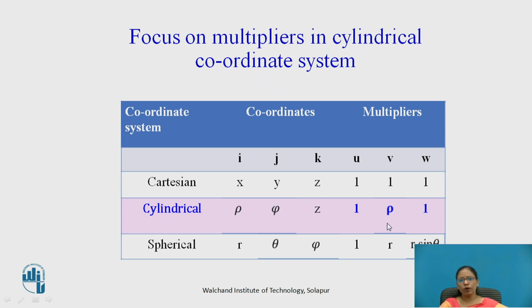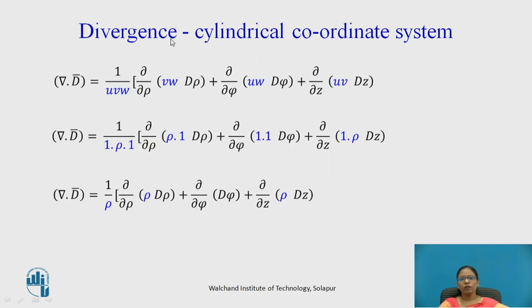So, let us modify the del dot D bar equation in the cylindrical coordinate system with the multipliers 1, rho, 1. Divergence in cylindrical coordinate system can be calculated from the standard equation. I can put U as 1, V as rho, W as 1. Then dou by dou rho of VW, so V is rho, W is 1.